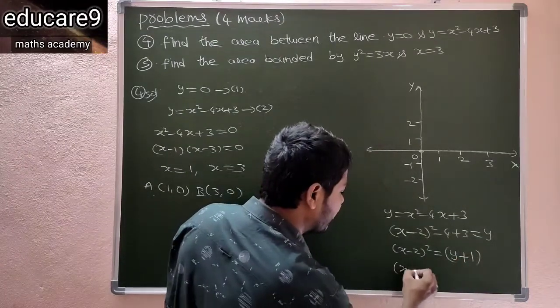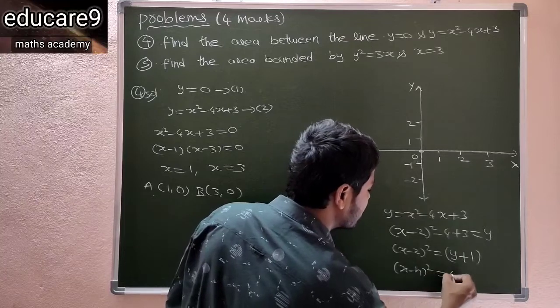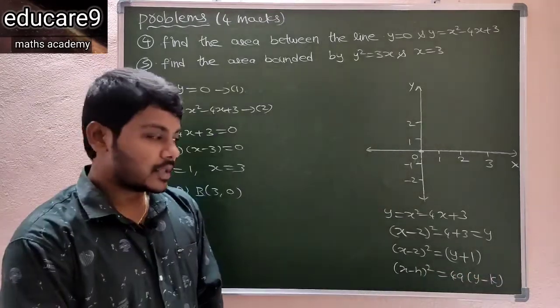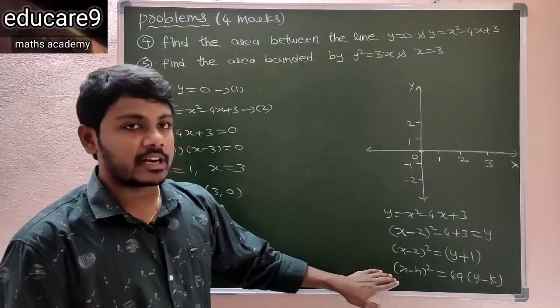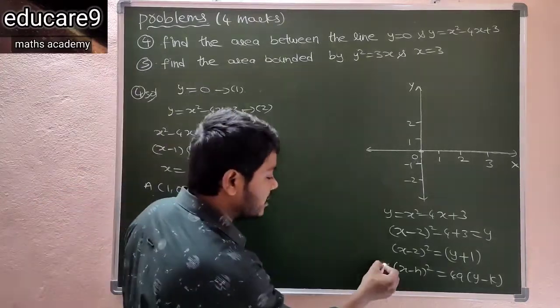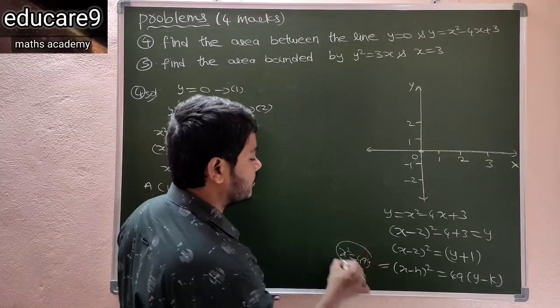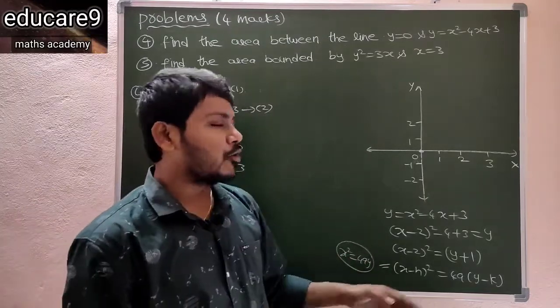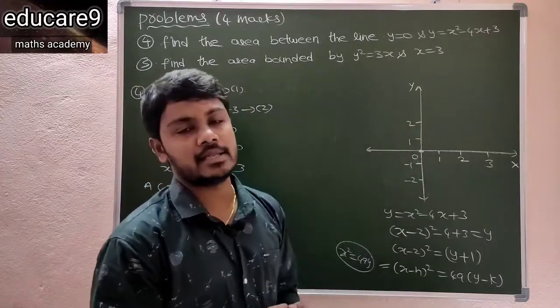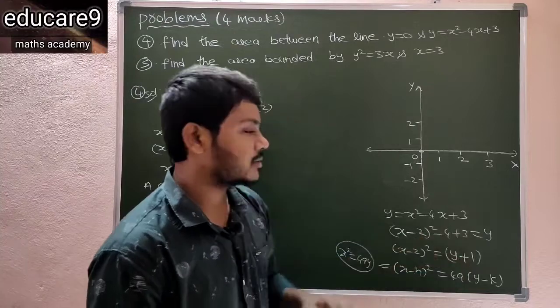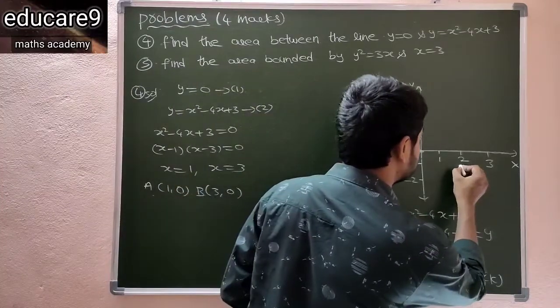So it is in the form of x minus h whole square equals 4a into y minus k. Okay. So clearly this equation represents a parabola and it is in the form of x square equals 4a y. Okay. So this parabola opens on the positive y-axis side. And what is the center of this parabola? 2 comma minus 1. So clearly this is the center of the parabola.